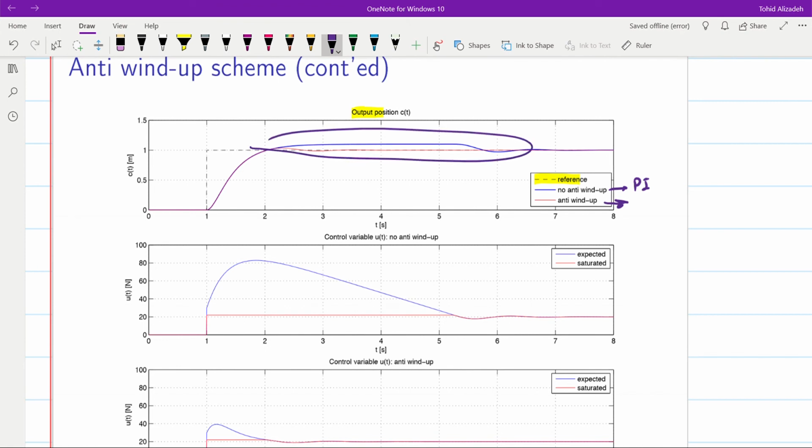With the blue one without anti-windup, you can see that it takes a long time to settle back to the actual value that we are looking for, to the final value. While with the anti-windup, it takes much less time to go back, and you can see it here. The red one is much quicker than the case where there is no anti-windup.